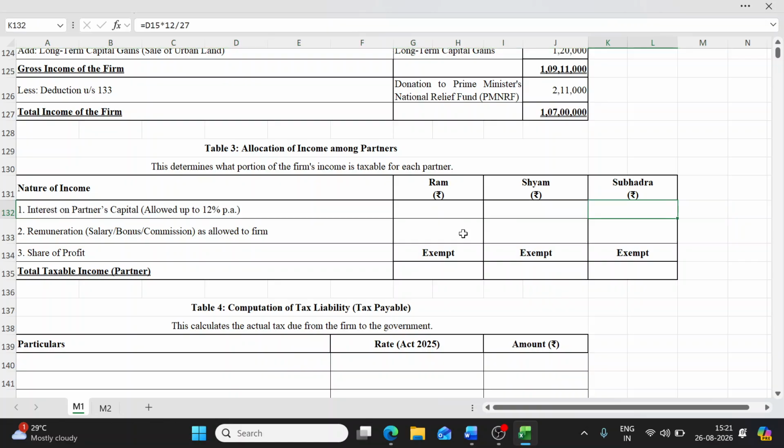So as Ram has been paid 1,20,000, up to 12% is allowed.